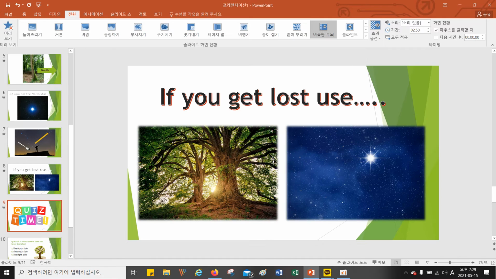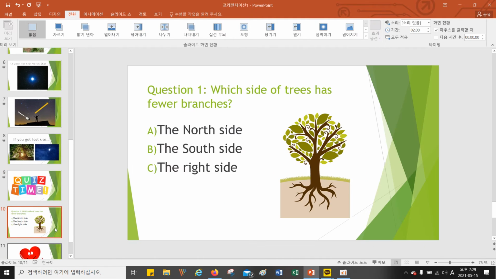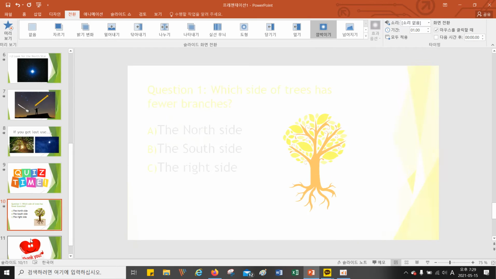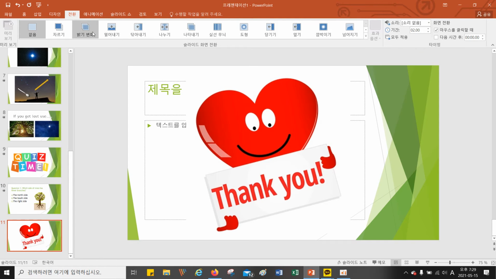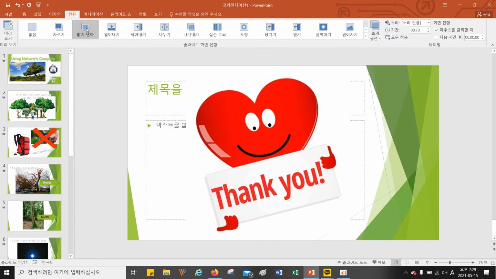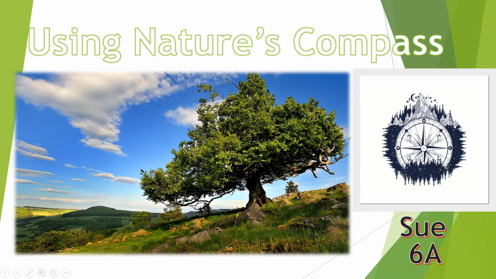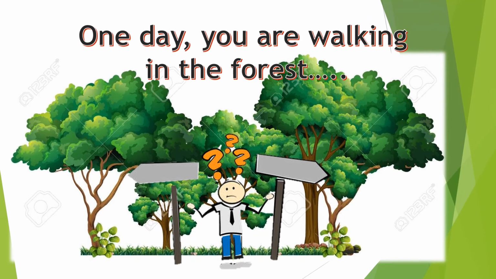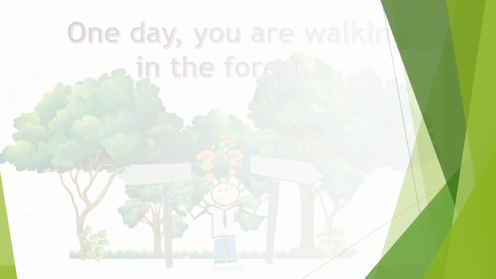By the way, if you just wait, you can see how it goes. Now I've put the random transition here. If I play the slideshow, you can see the lovely transition every time.